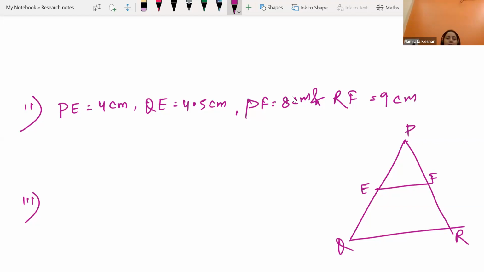It is parallel. No, not parallel. Yes, okay, it is parallel.